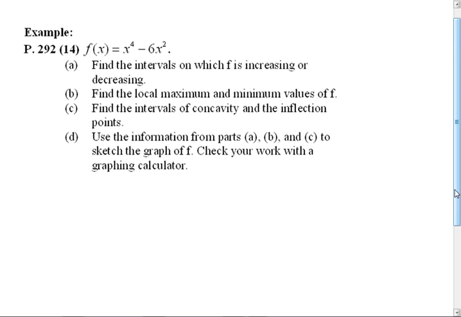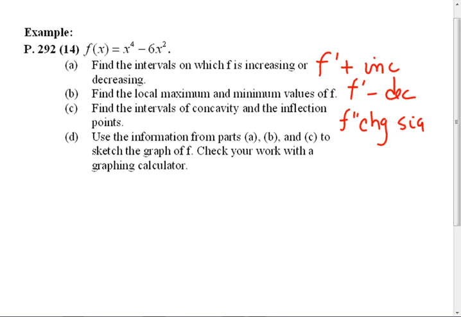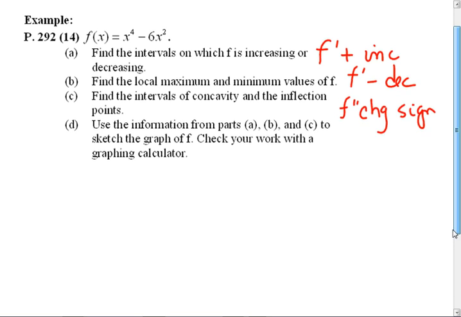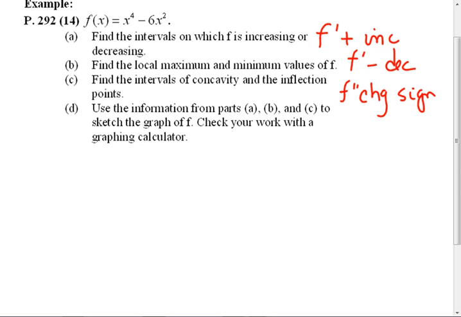What's the first derivative? Okay, you guys, here's what I do when I do these problems. I justify my answer first. So I'm looking for f prime. F prime positive is increasing. F prime negative is decreasing. Concavity, guess what I'm going to need? F double prime, changing sign. Because if I figure out how to justify it, then I know what to do. So what's f prime?